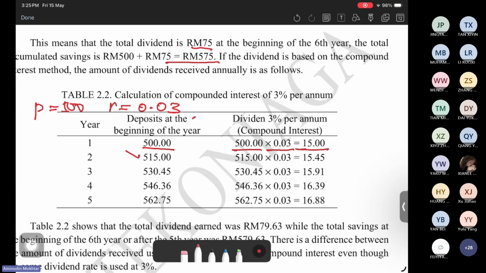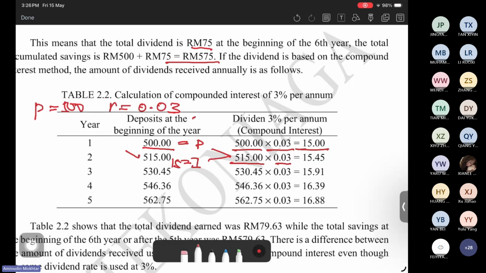What does it mean? Okay, now at the end of year 2, the 3% is calculated based on 550, not 500 only. In 550, there are two amounts here: the principal and also the interest. The principal is 500, the interest is 50 ringgit. So 3% now is calculated based on 550.